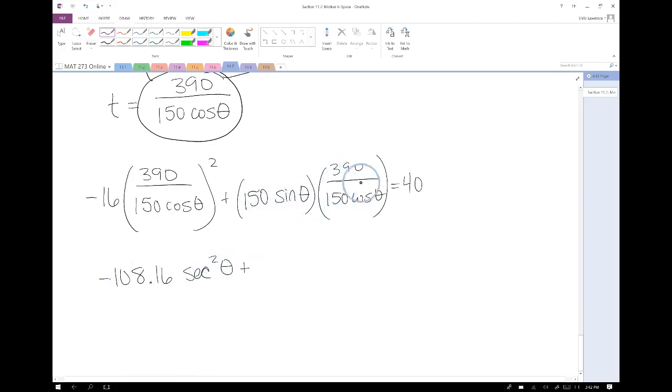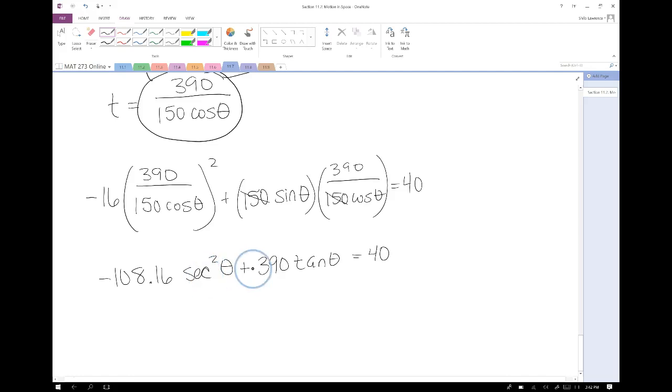And in my second term here, those 150s are going to cancel, and we've got a multiply by sine and a divide by cosine, and we can really put those together as a tangent. So that second term is 390 tan theta equals 40.